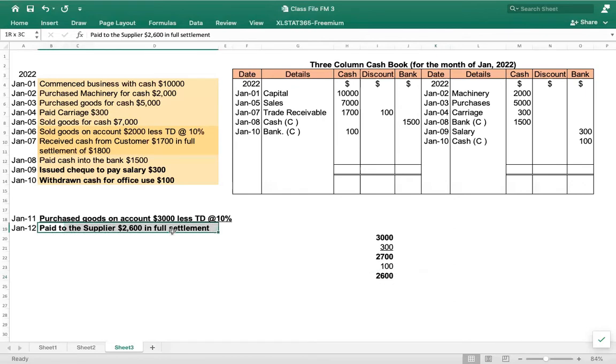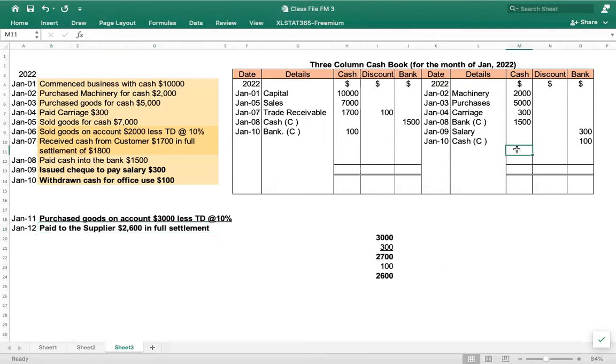I am paying through check or cash? Cash, because check is nowhere mentioned, right? So I will write only cash. So cash is increasing or decreasing? Cash is decreasing. So decrease in asset, credit.